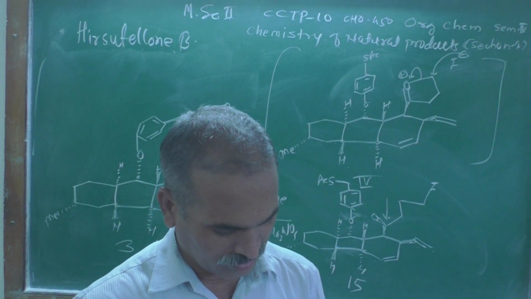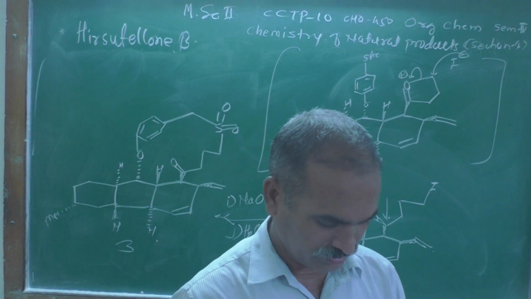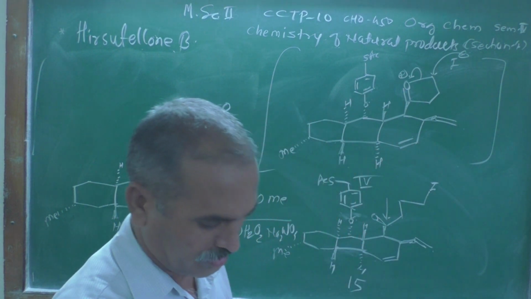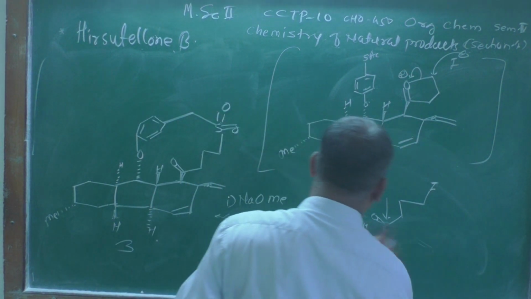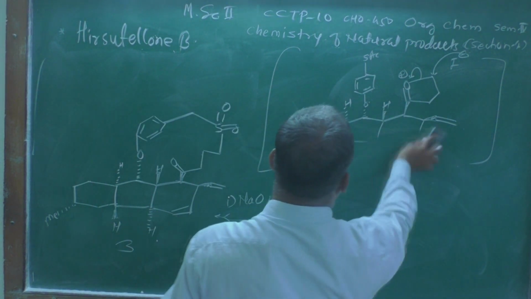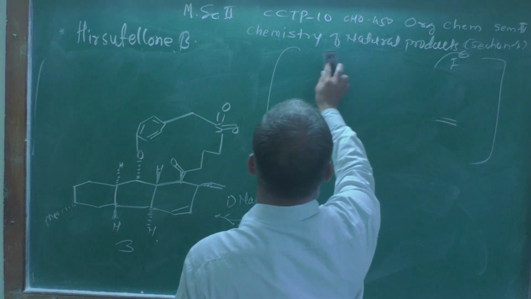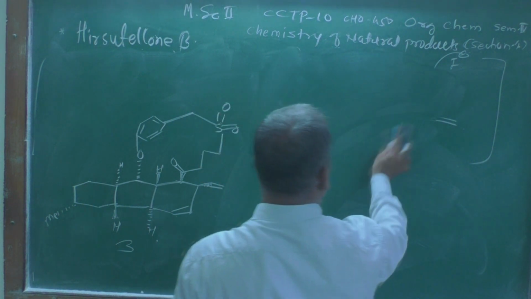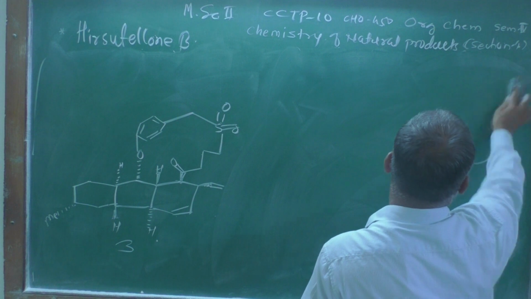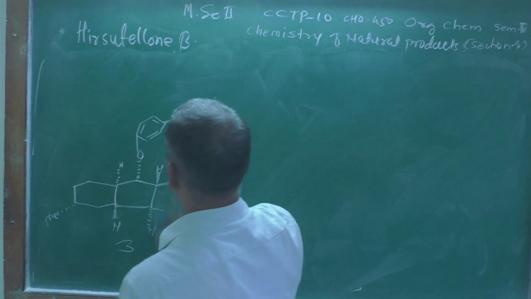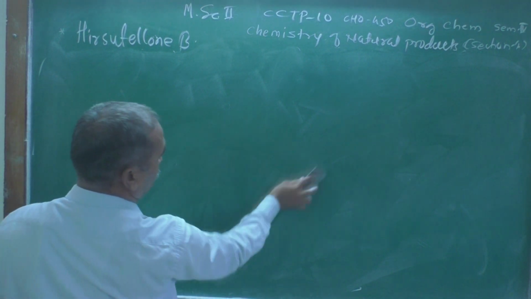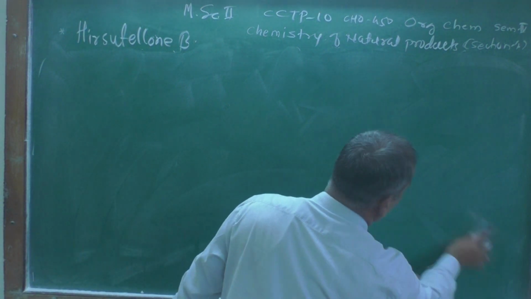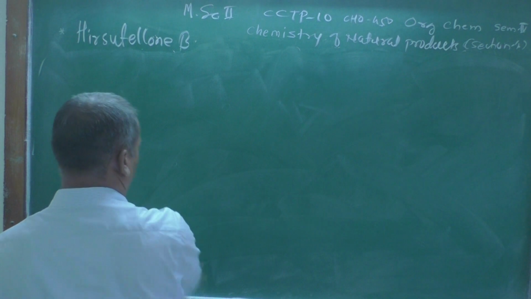3, reagents and conditions. Let's see what the conditions are. This is scheme number 3 which we have just now described over here. Let's see what reagent and conditions we have used over here.